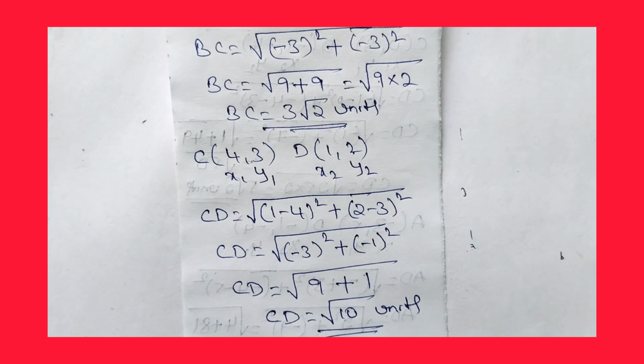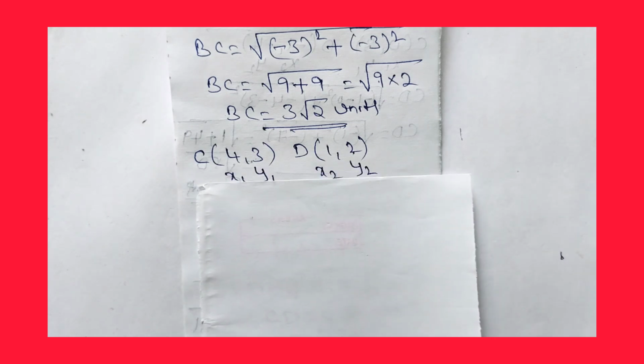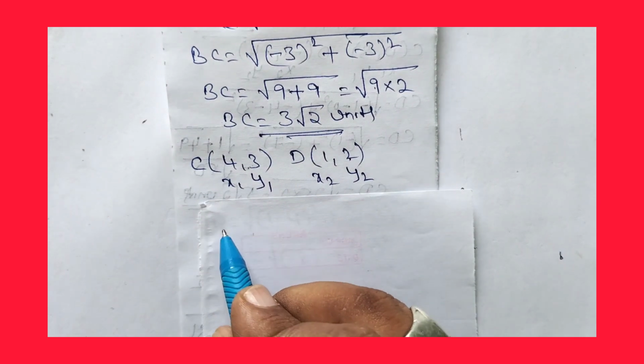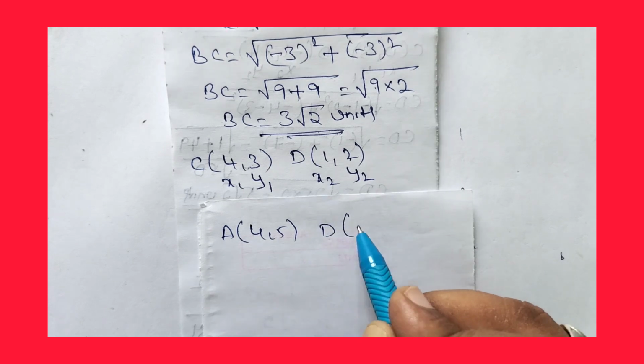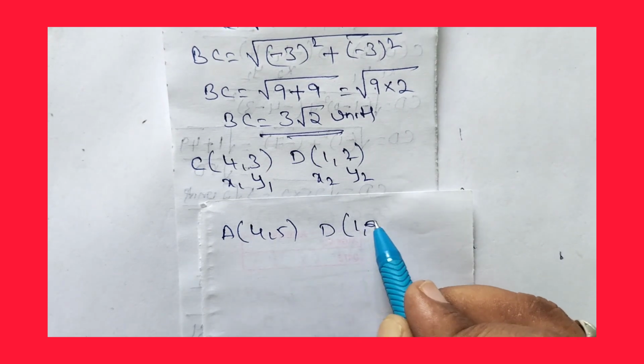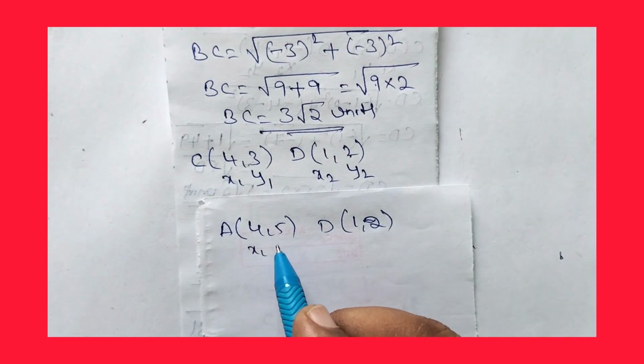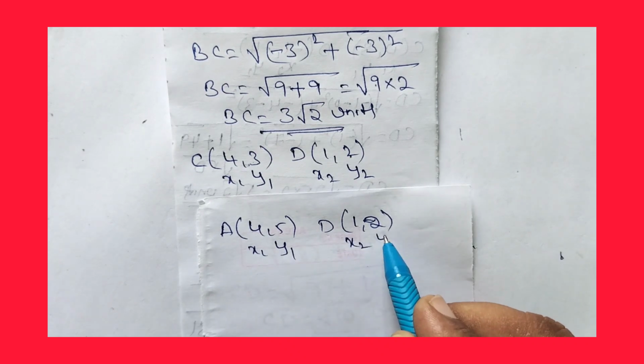Now we have AB, BC and CD. Now let us find the distance between A and D. So A is (4, 5) and D is (1, 2). So x1, y1 and x2, y2.